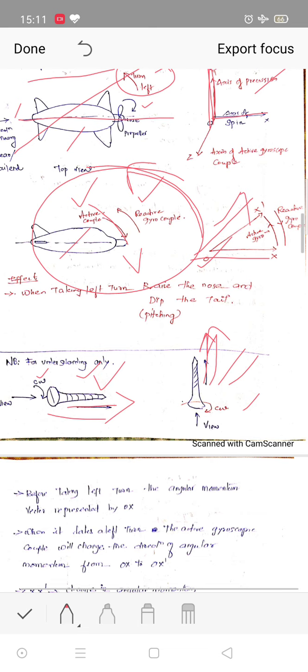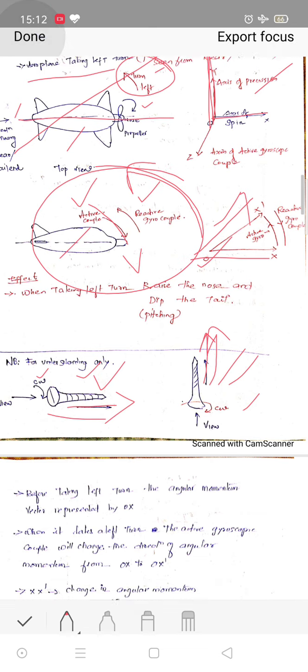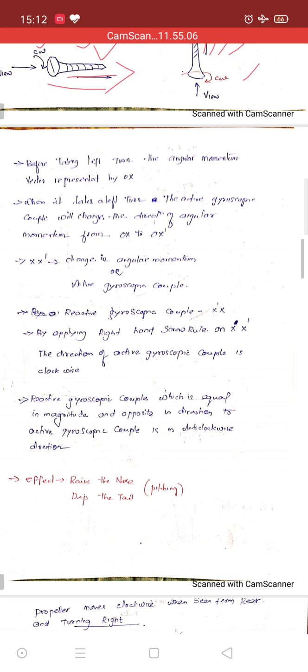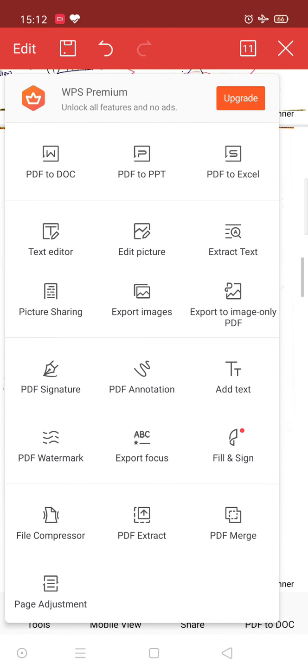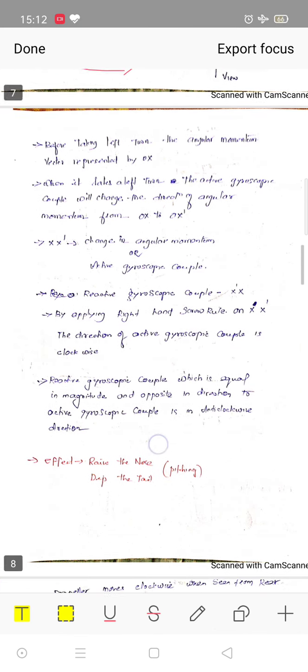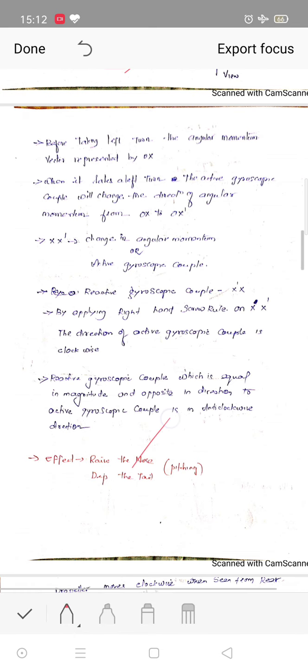It is anti-clockwise, and from this front view figure we can understand that the effect of the reactive gyroscopic couple is to raise the nose and dip the tail. If the nose is rising, automatically the tail will dip. So we can write that the effect of the gyroscopic couple is to raise the nose and dip the tail, and this is case 1 only.